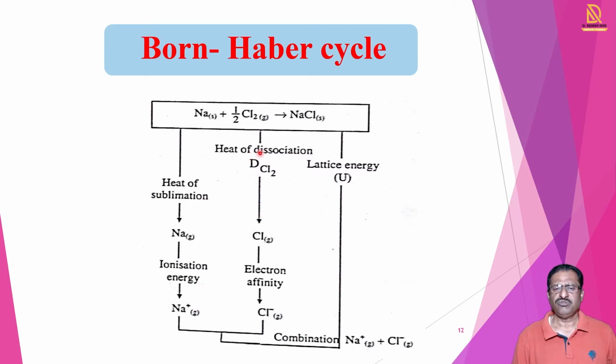Then by heat of dissociation, the chlorine molecule is converted to the chlorine atom in the gaseous state. Then the chlorine atom is converted to the chlorine ion in the gaseous state, and that energy is electron affinity. Now this Na+ gas and Cl- gas combine and form NaCl, and that is the lattice energy. So in this way, in cyclic form, we can show these 5 reactions, and that is called the Born-Haber cycle.